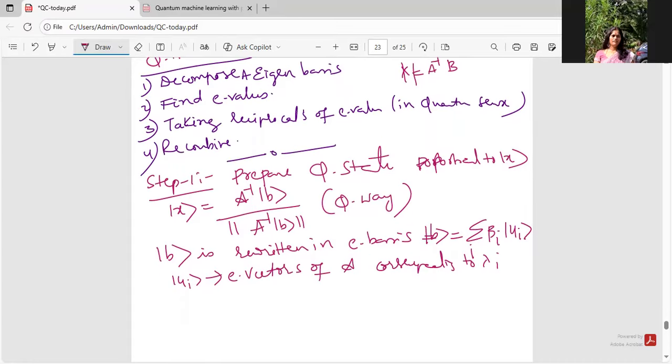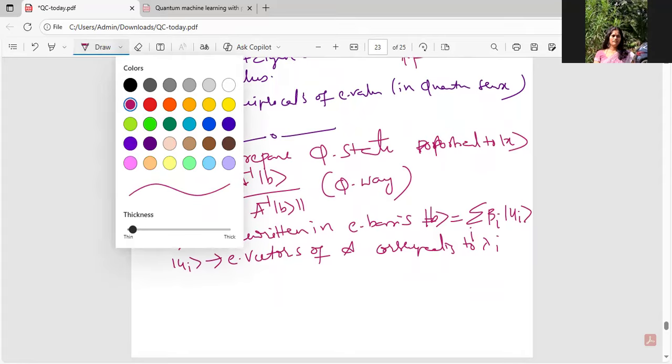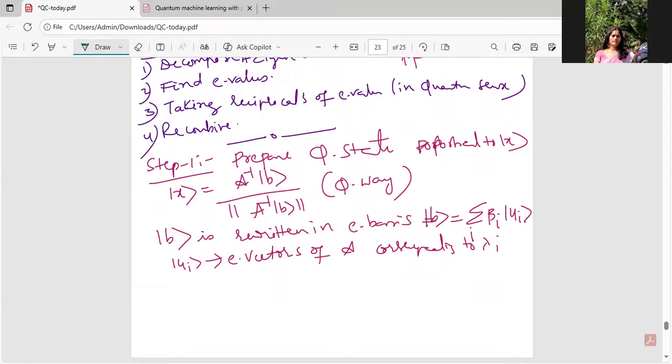Anyways, let me stick to HHL only, because there is a lot of confusion for many of you. Step 2: once I have reduced B to the eigenbasis, next I will apply quantum phase estimation.